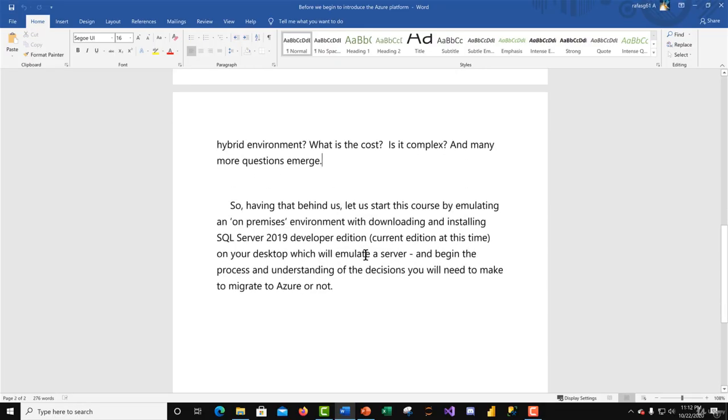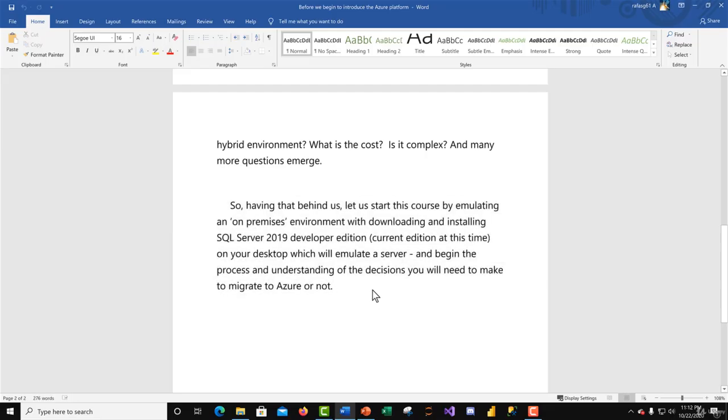So having that behind us, let us start the course by emulating what's called the on-premises environment by downloading and installing SQL Server 2019 Developer Edition, which is the current edition, on your desktop, which will emulate a server, and begin the process of understanding the decisions you'll need to make to migrate to Azure or not. And this is the important part.